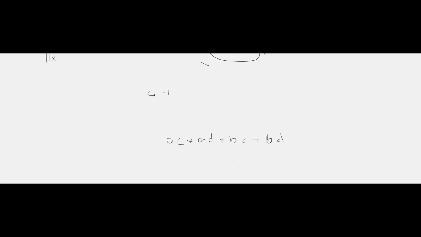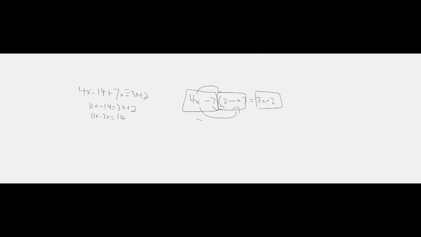So then what you would get is AC plus AD plus BC plus BD, right? So now, if we look up here with the same equation, we do the distributive property. Here we would go 4x times 2, which gives us 8x.